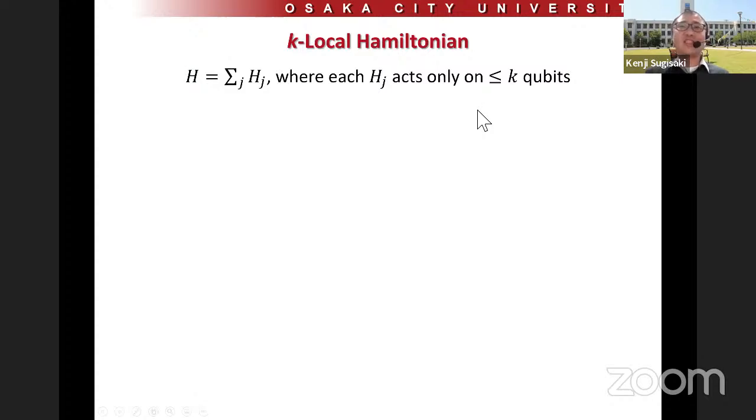Let's think about the qubit Hamiltonian, where Hj is expressed by a Pauli string. In this case, k-local means that every Pauli string has at most k Pauli X, Pauli Y or Pauli Z, I mean the non-identity operators.